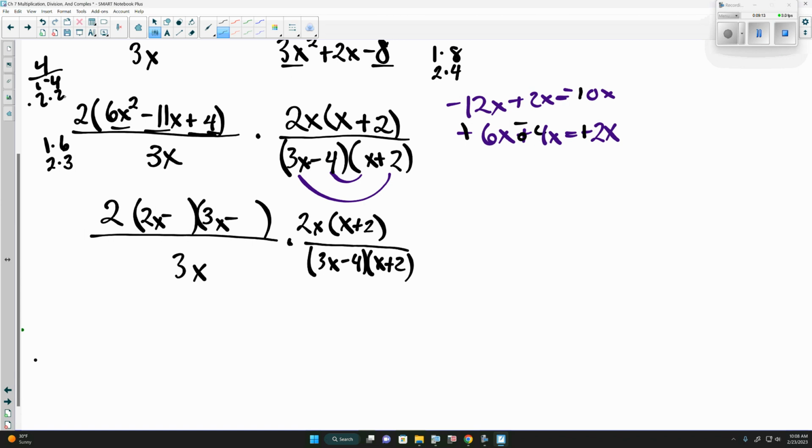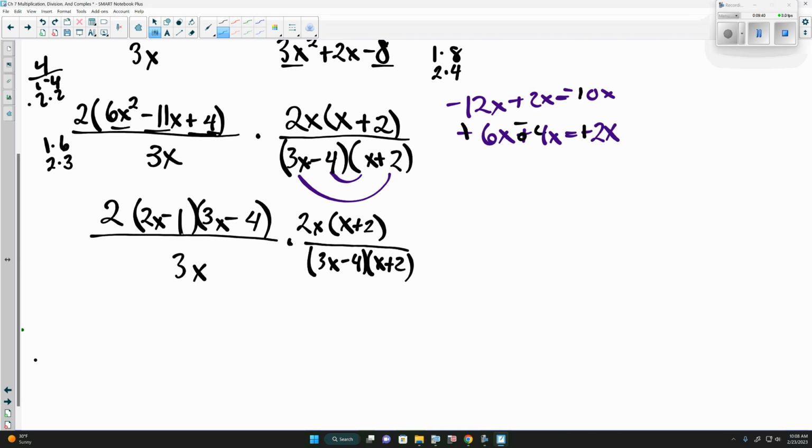We can't use 2 and 2 actually, because if we did 2 and 2, the first parenthesis would have a greatest common factor of 2, and we know that 6x squared minus 11x plus 4 does not. So that means neither one of these can have one. It also means that the 4 can't be with the 2 anyways.